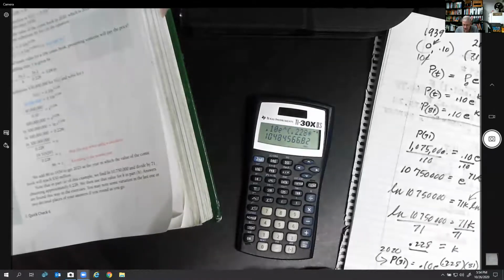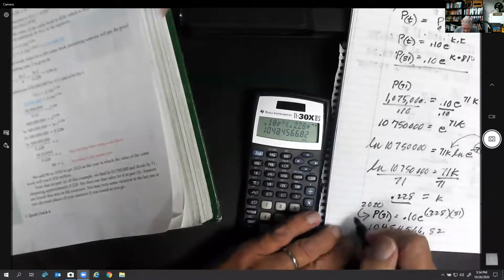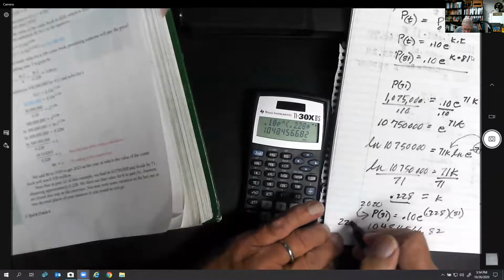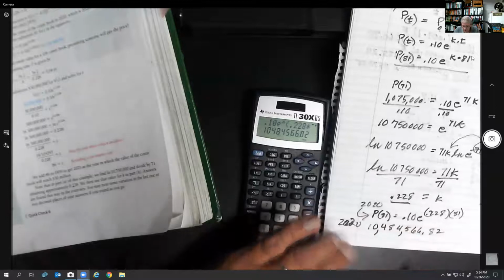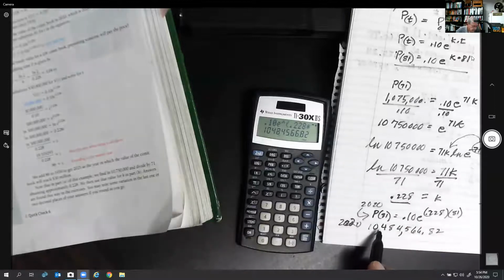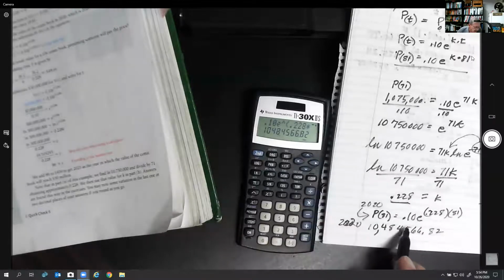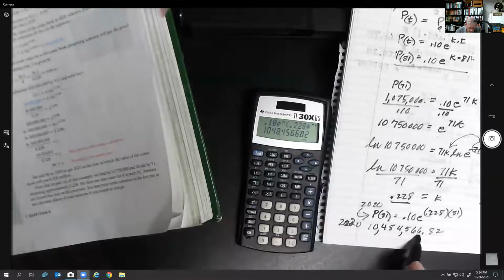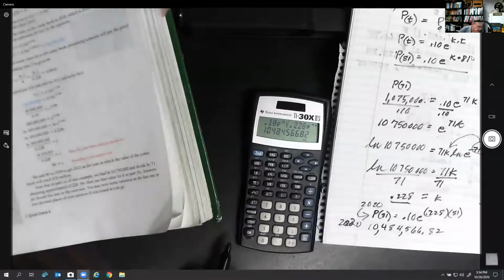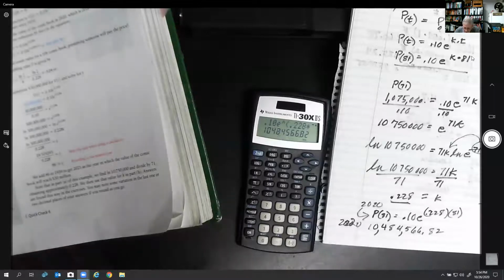The estimated value of this comic book in 2020 would be $10,480,566 and some change. Is that what they came up with? Pretty close, yes. So that's pretty much the value of this comic book in 2020.